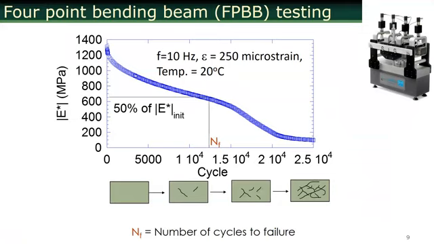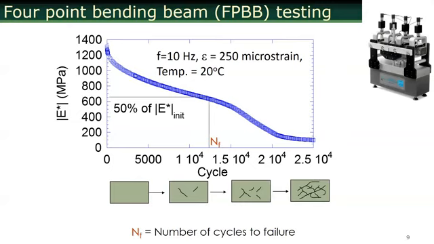So you calculate the modulus at the beginning of the test. It's some number, in this case, 1300 megapascals. And then as the cycles grow, this modulus keeps going down.